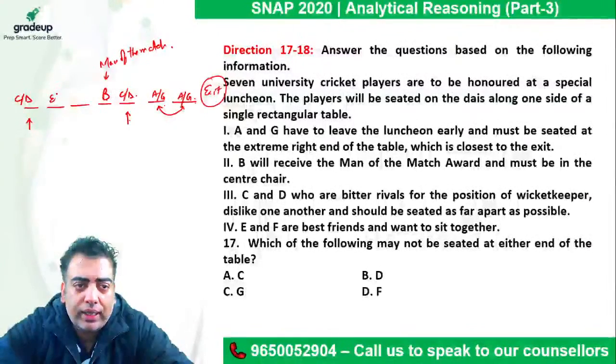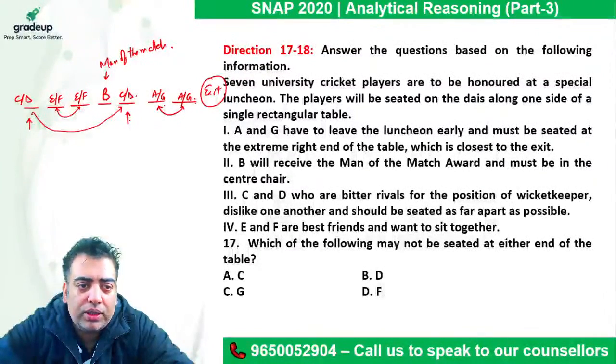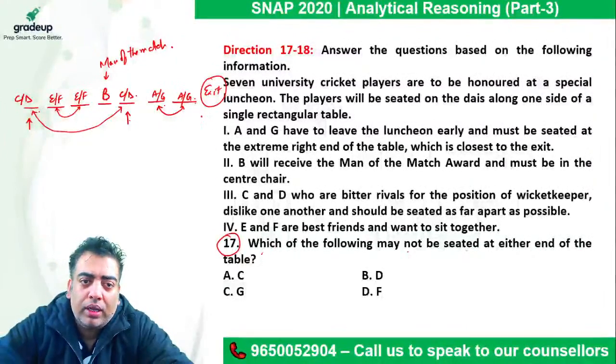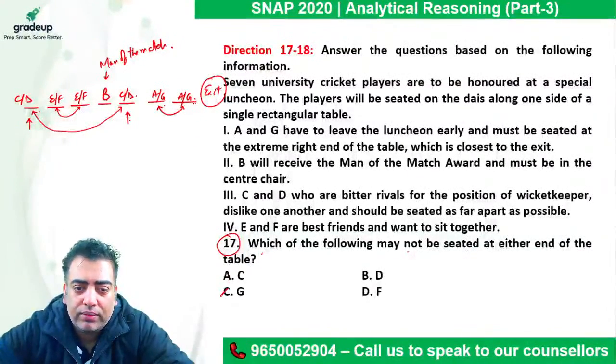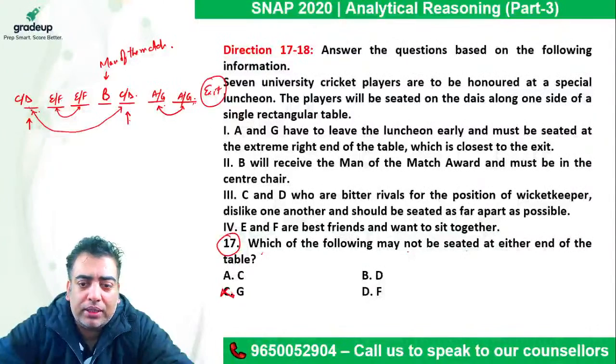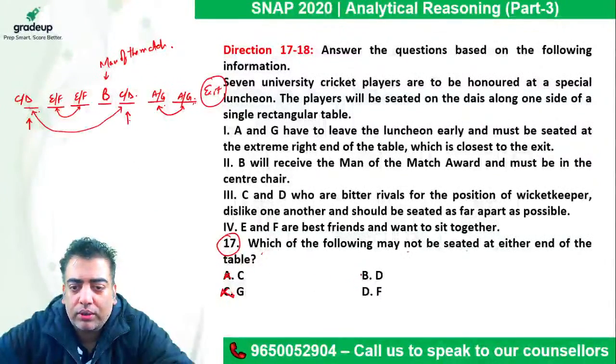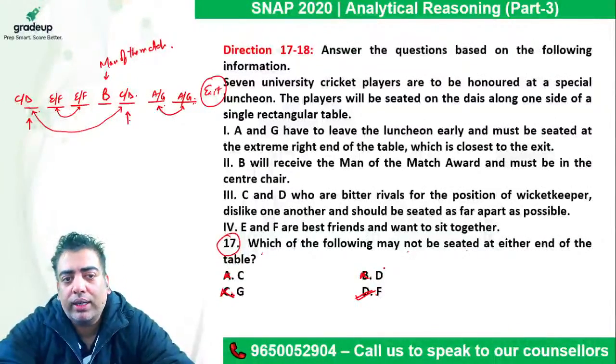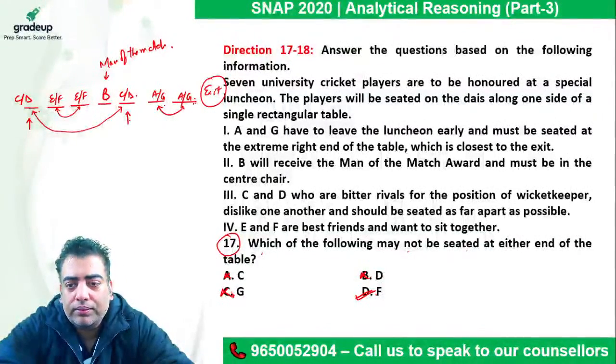So definitely then we must place E and F at these positions and C and D should sit at these two positions in some order. In 17th, he says which of the following may not be seated at either end of the table. So here it can be AG, so this goes out. Here it can be C or D, these two go out. So D can never be seated on either end of the table.